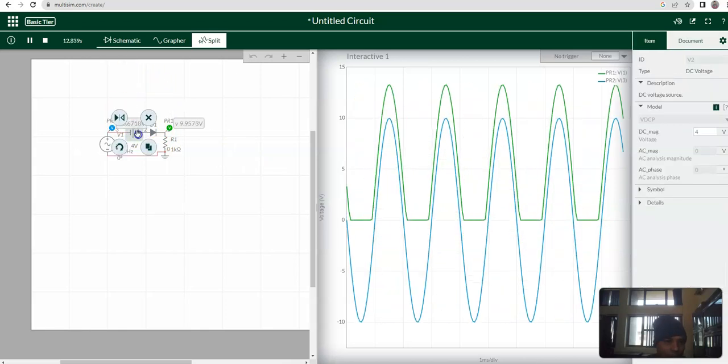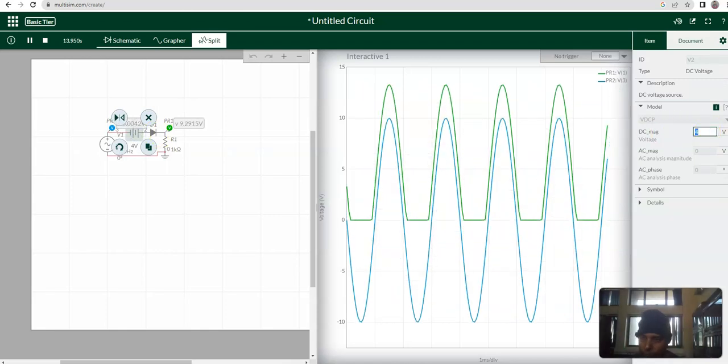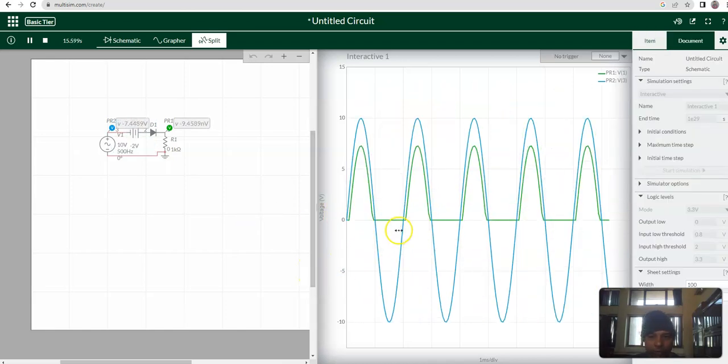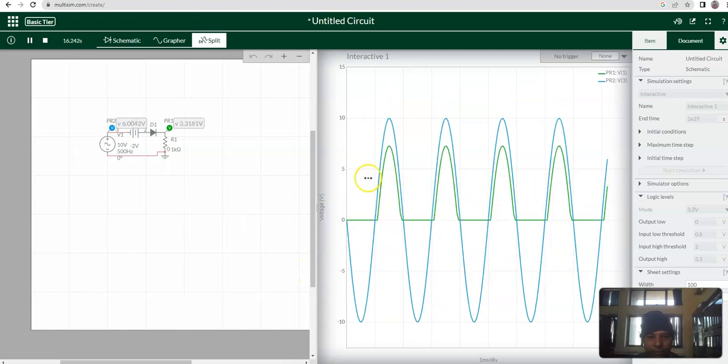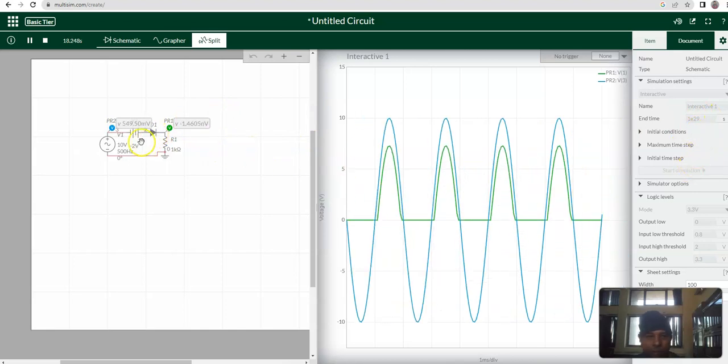So let us suppose we change the voltage to, let us say, -2 volt. Then what will happen? Yeah, it is changing like this. You have the explanation to it. You can explain why it is coming like this.